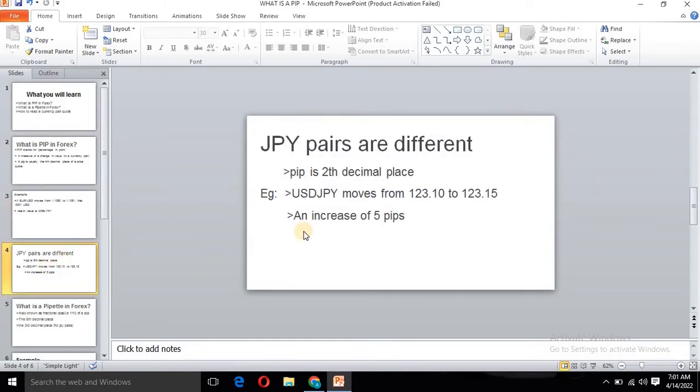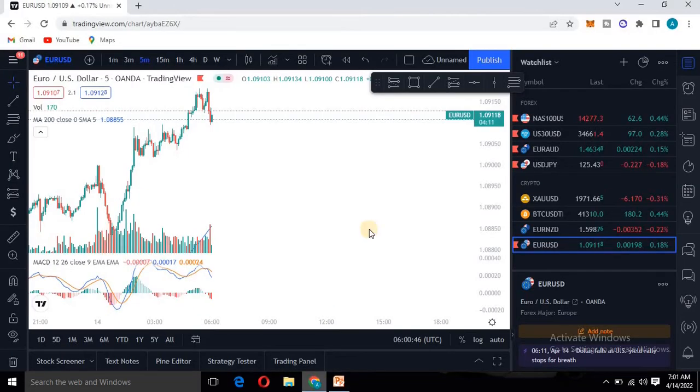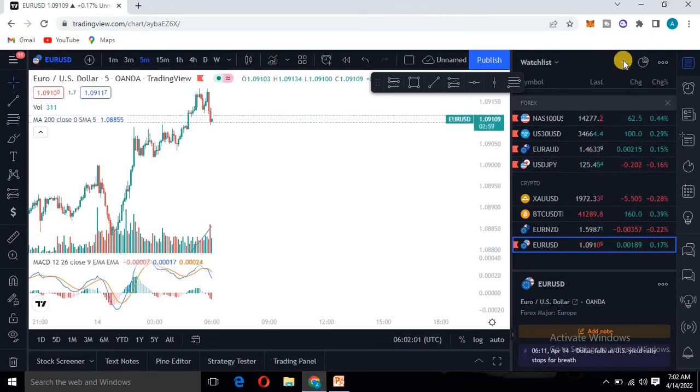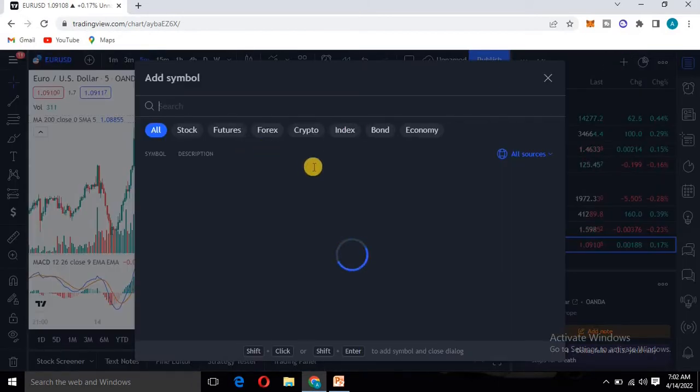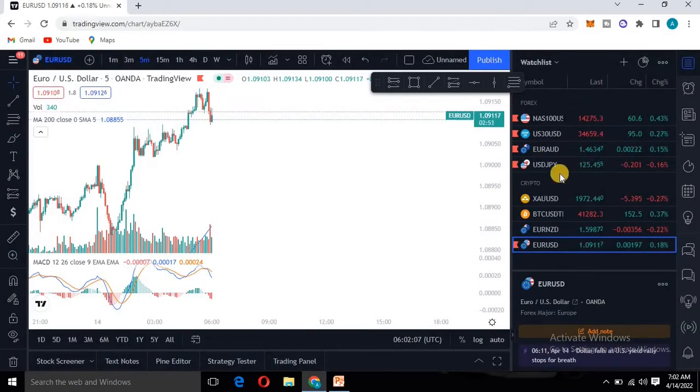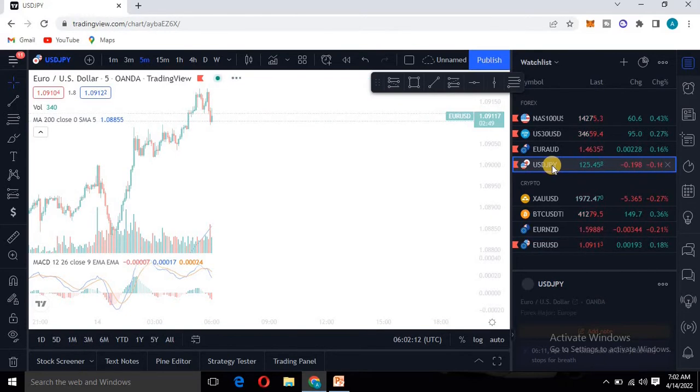Another thing I want you to understand is that Japanese yen pairs are different, right? Why? Because the PIP is in the 2nd decimal place. Let me show you an instance. Let me just type here Japanese yen. Don't worry, I think I have the pair already. Let's use USD JPY for instance.